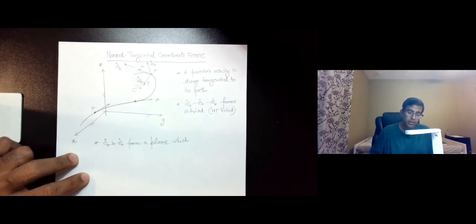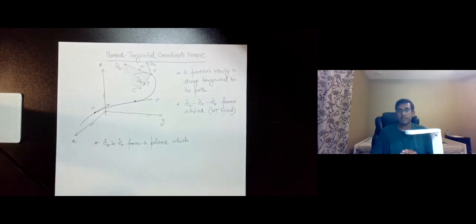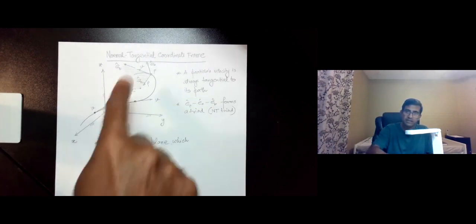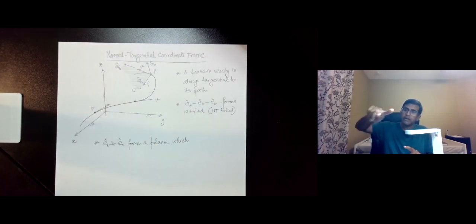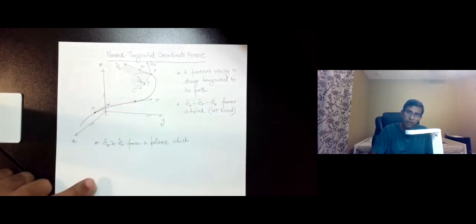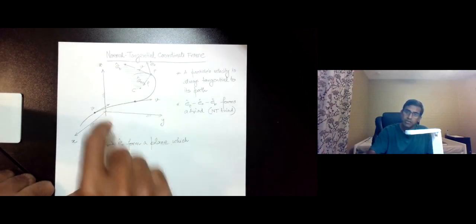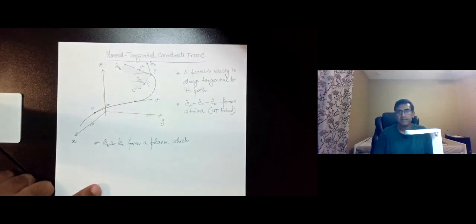Now this plane, by the way, if you think about it, is tangential to the path. If the particle is taking some path in three-dimensional space, the plane formed by e_n and e_t is also going to be a plane that is tangential to this three-dimensional path at this instant.